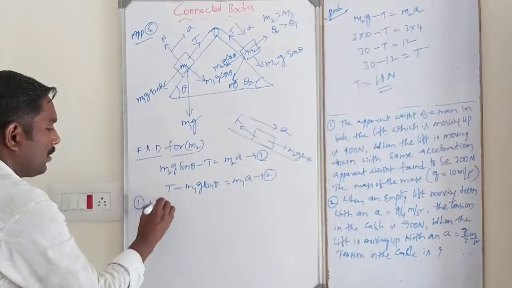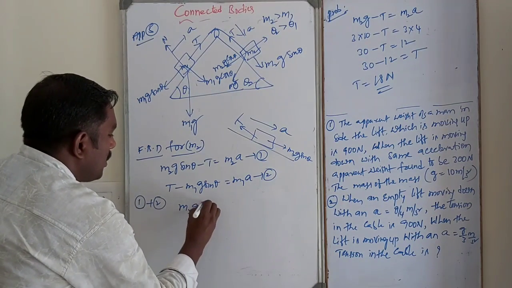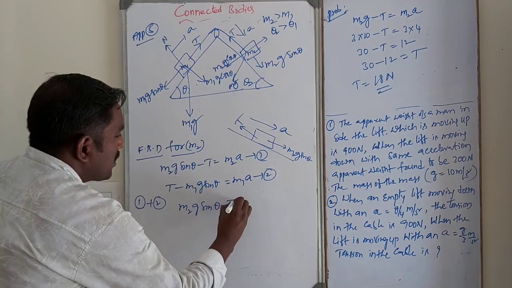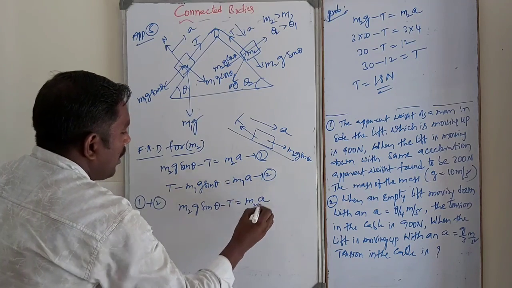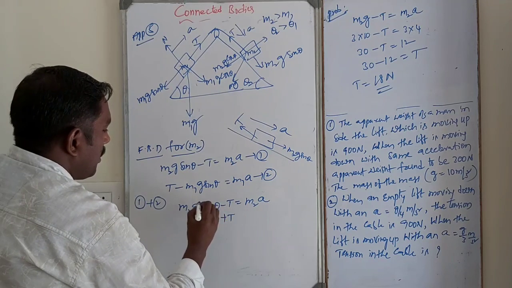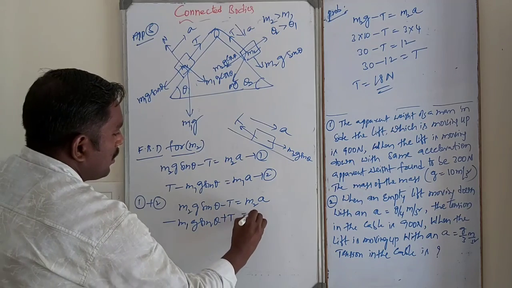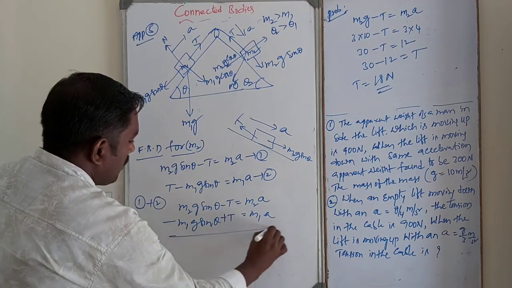Adding 1 and 2. So adding, we get m2g sin theta minus T is equal to m2a. Writing this here, plus T minus m1g sin theta is equal to m1a.